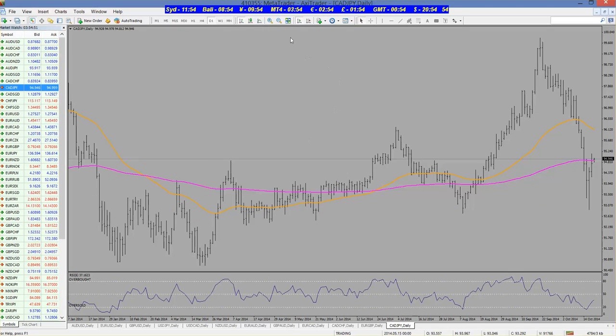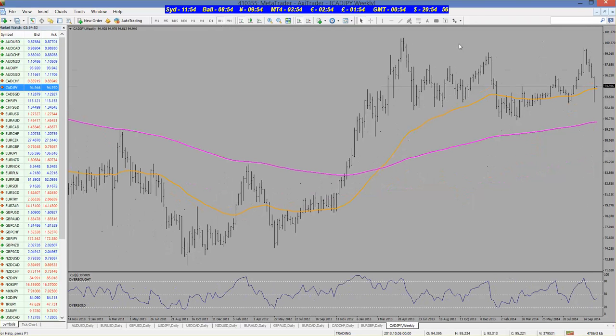You could be potentially saying, well, there's the support area, and here's the resistance area. And considering that, it's a 700 pip range, and you're back at 95, which is 300 of it, which means you're kind of in the middle of it.